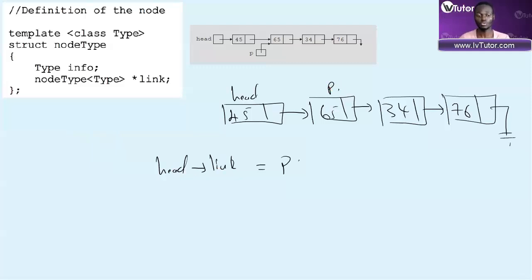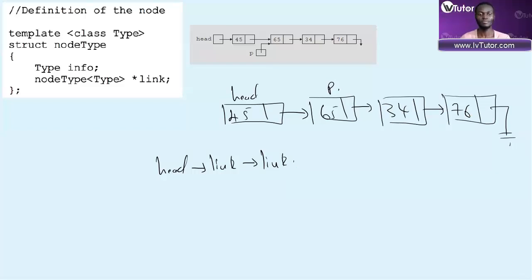And you can also continue. If you go head->link->link, you are now referring to this node, so now that's 34. If I say link again, then I'm now here.